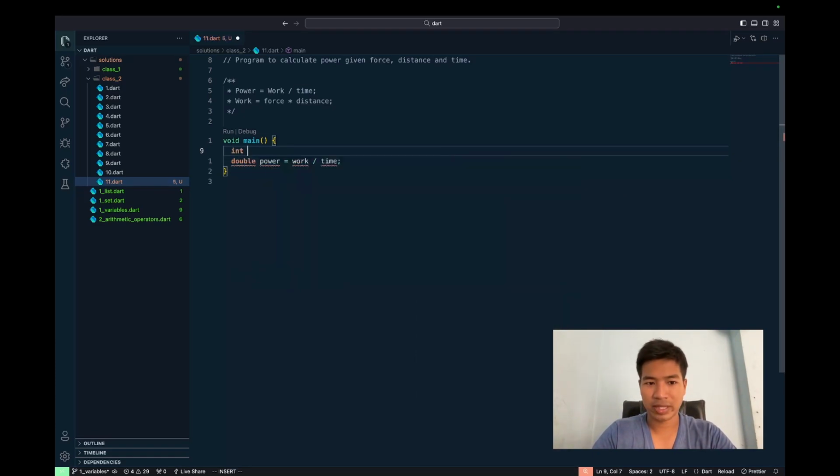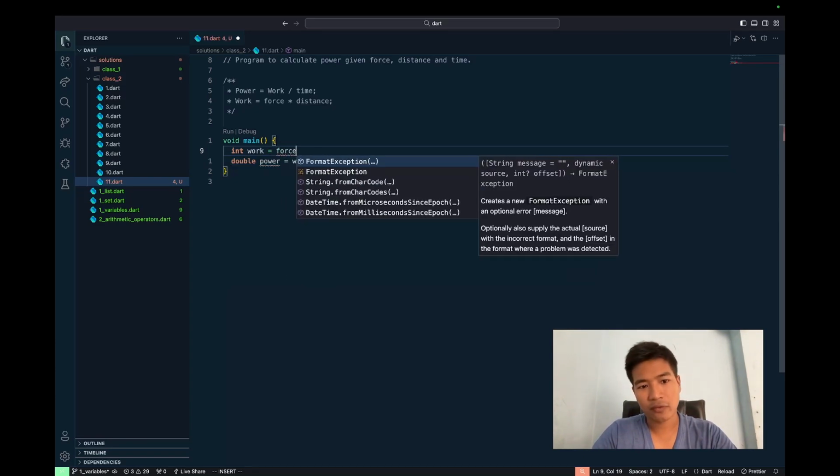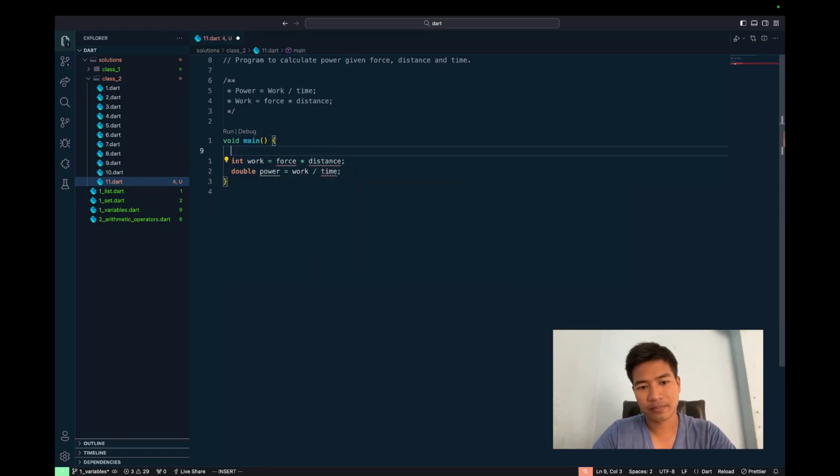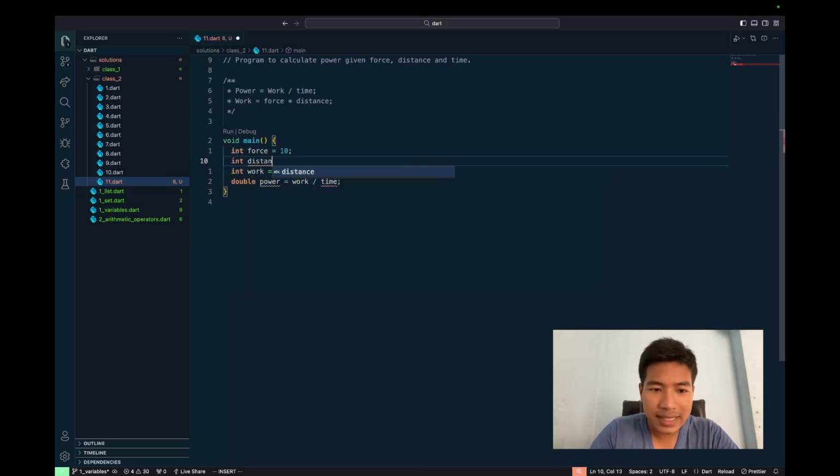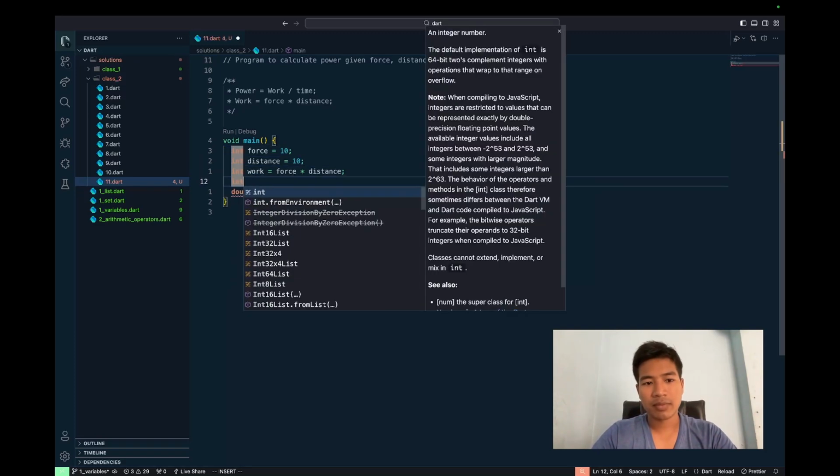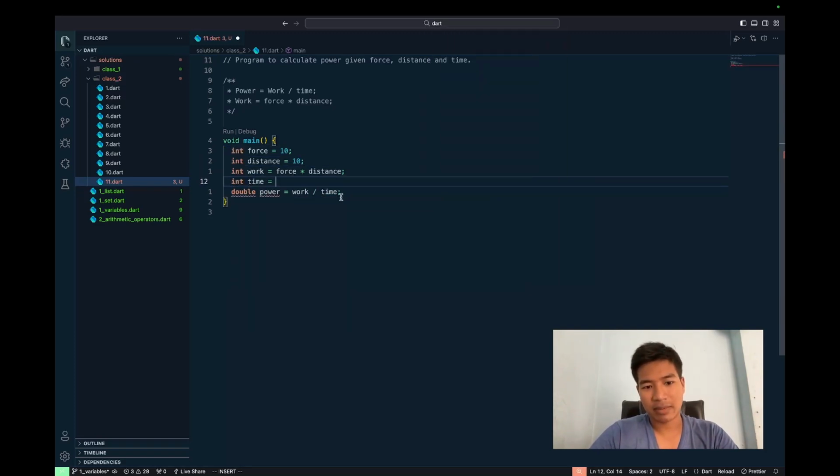Work is a variable, work done is force into distance, force is a variable, distance is a variable, and time is a variable, to get the power.